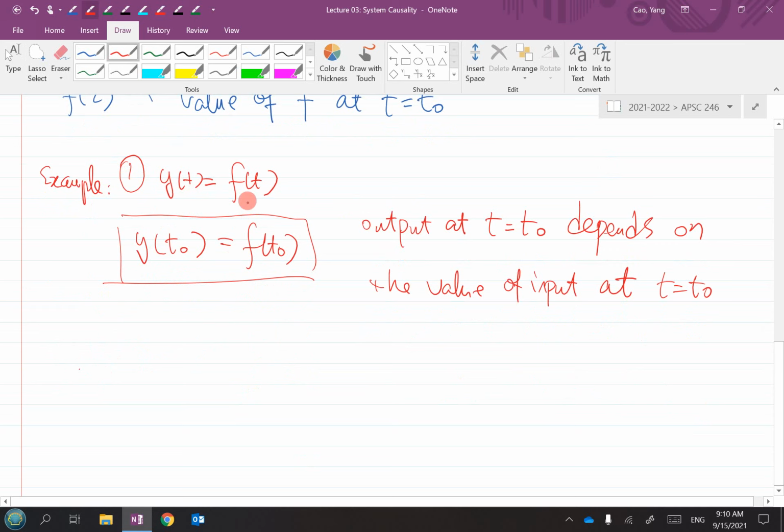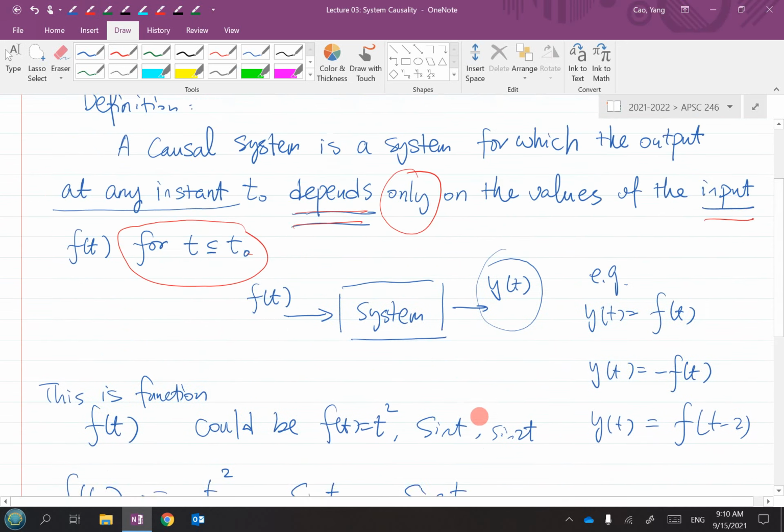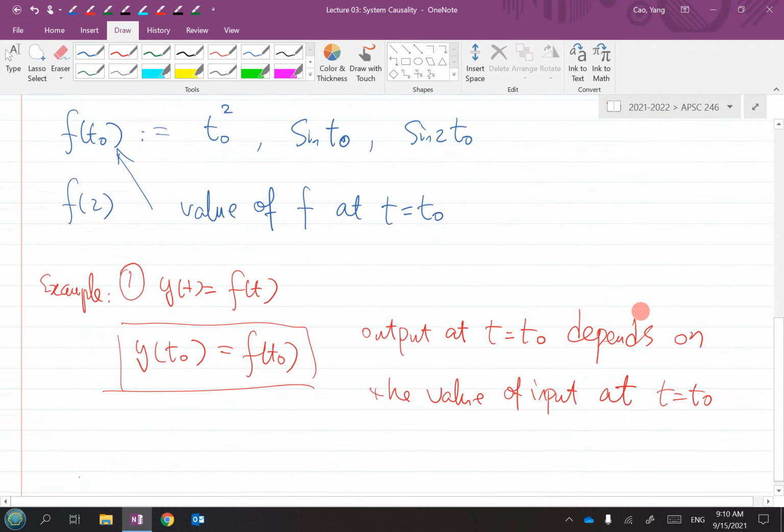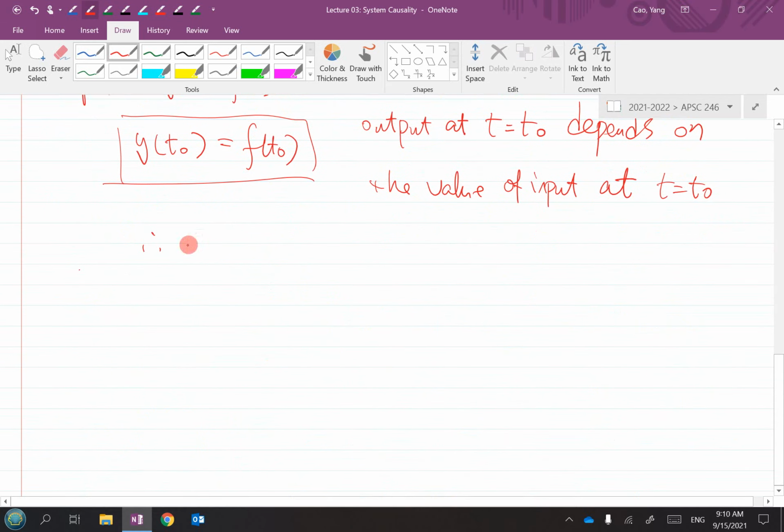Do you think it's a causal system or non-causal system? It's causal, right? Excellent. Because that's what it says: it depends on the value only for, of course, we're not depending on any value less than t naught, but that falls into this range here. Okay, very good. So this one, I will say the system is causal.